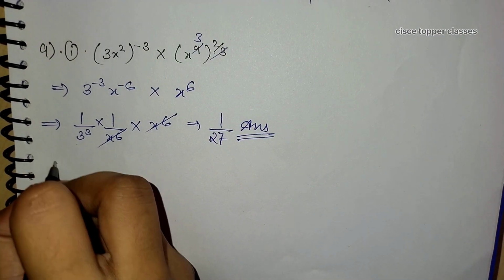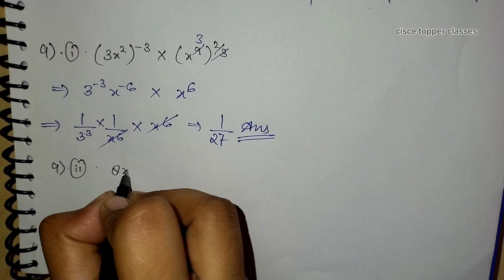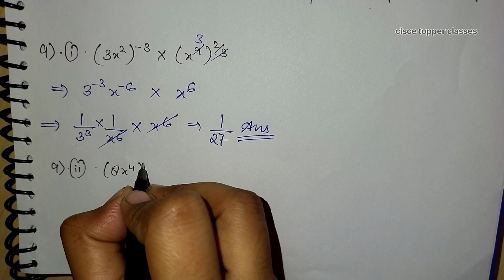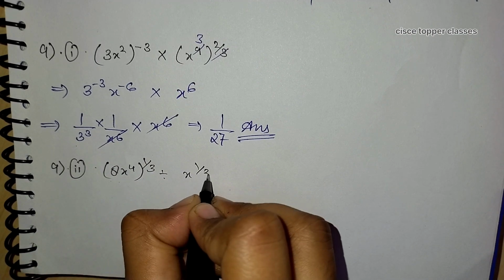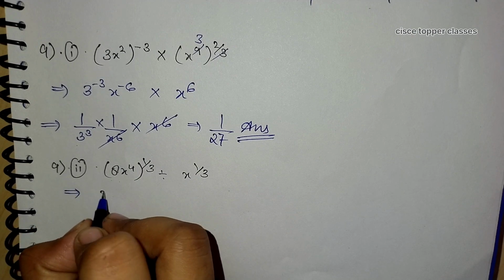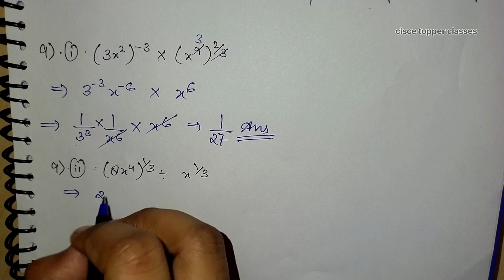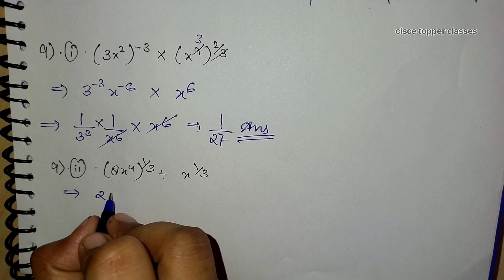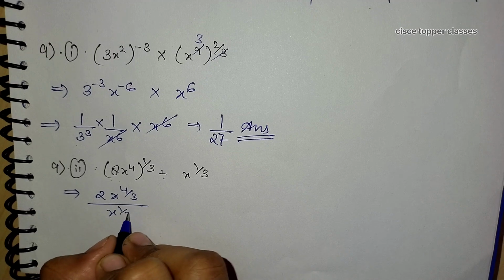Now we can solve the ninth second part also here, which will be (8x⁴) whole power 1 by 3 divided by x to the power 1 by 3. Simply we can write it as 2, on taking the cube root here, so it will be 2, and here x^(4/3) divided by x^(1/3).